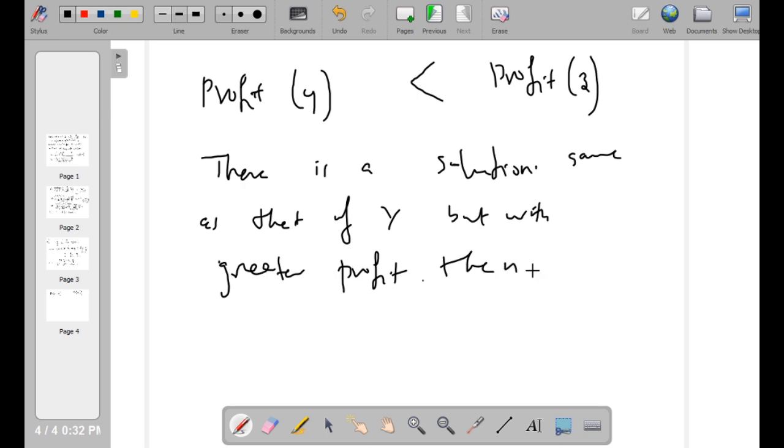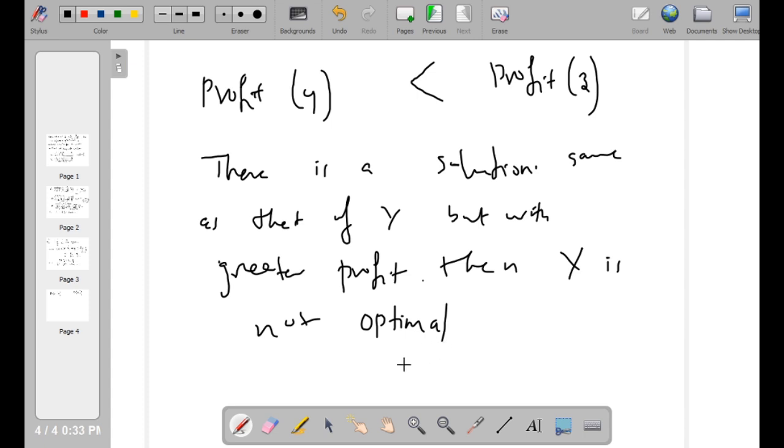Then we can say Y is not optimal. Then we can say the claim of the person Y is not correct, because by adjusting the weight we can get another solution whose profit is more. So Y is not optimal.